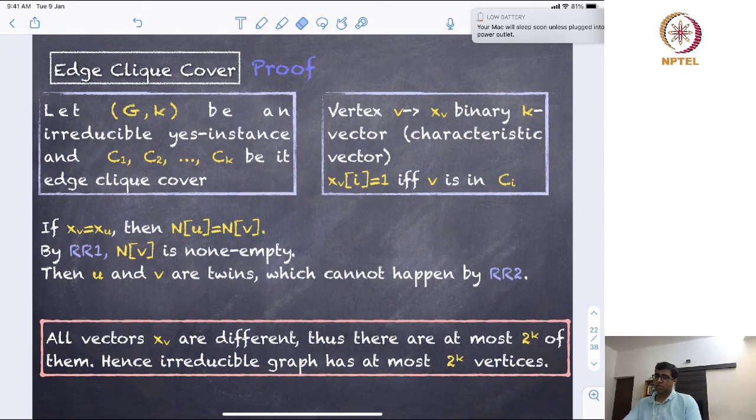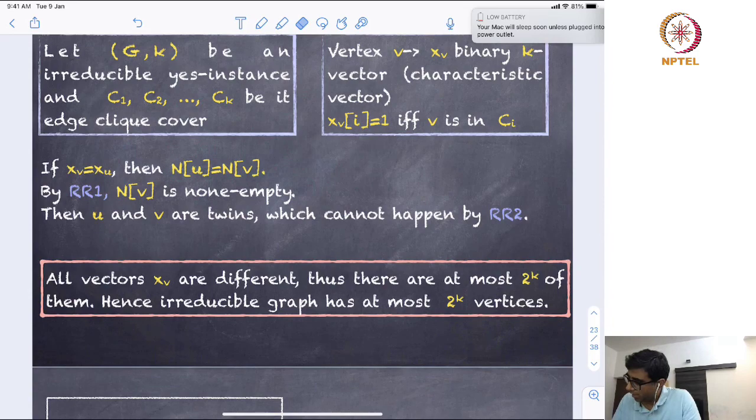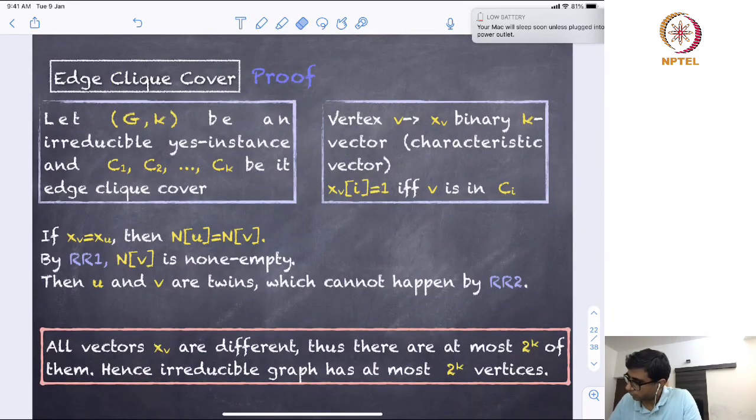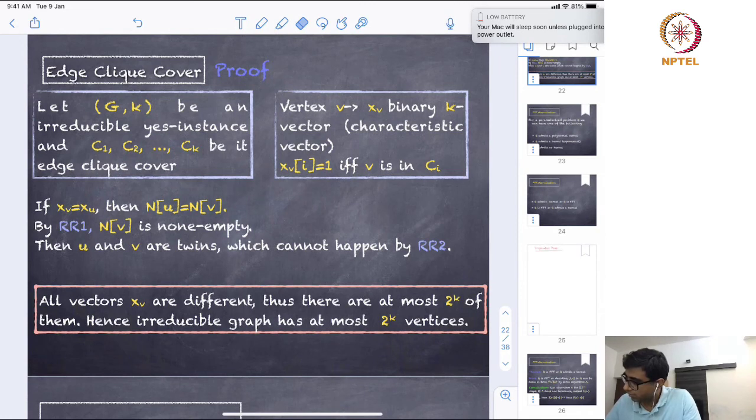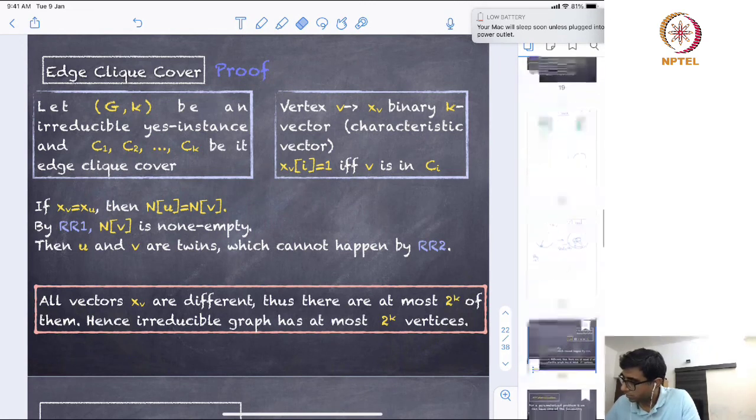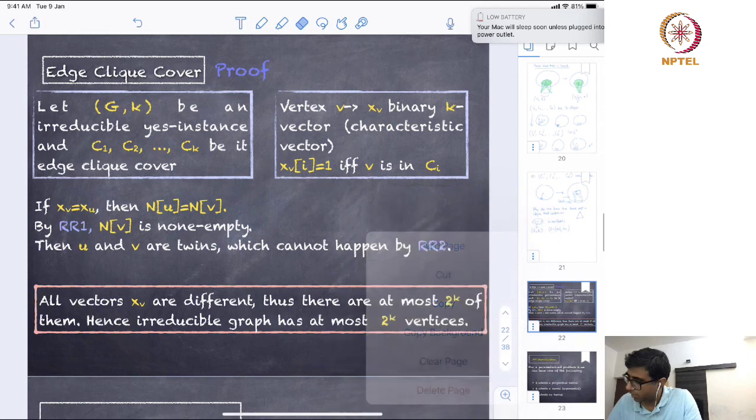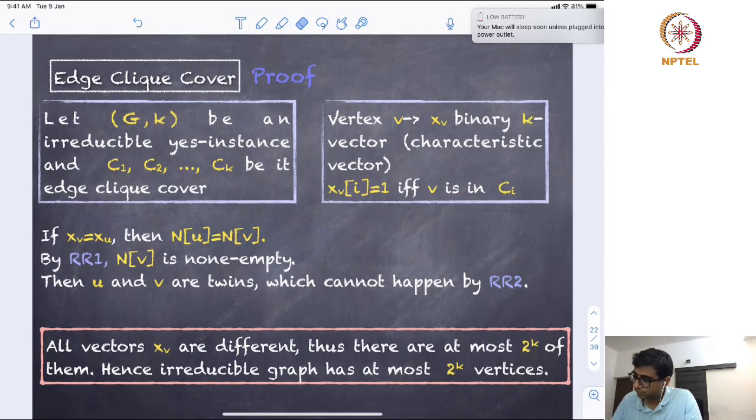What happens? Let G comma K be an irreducible yes instance, meaning you cannot apply any of these reduction rules, and C1 to CK be its edge clique cover. To prove that the reduction rule applies is very simple.